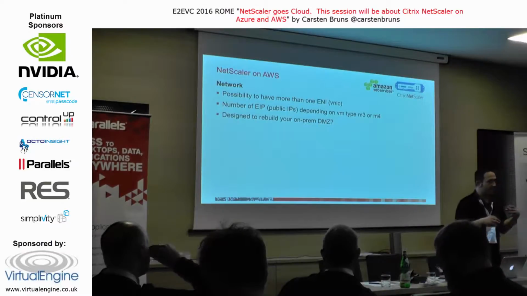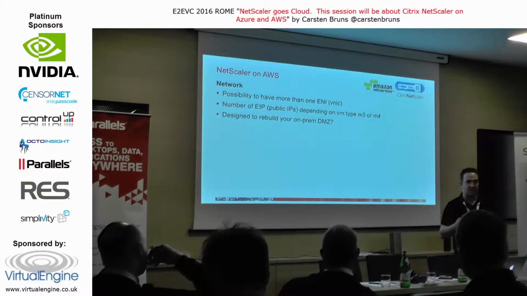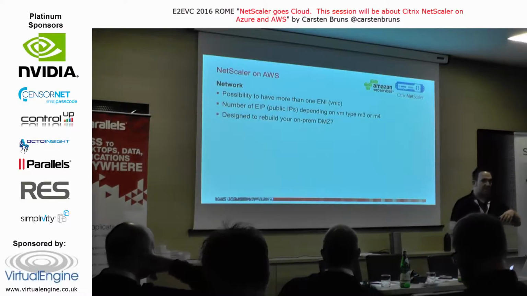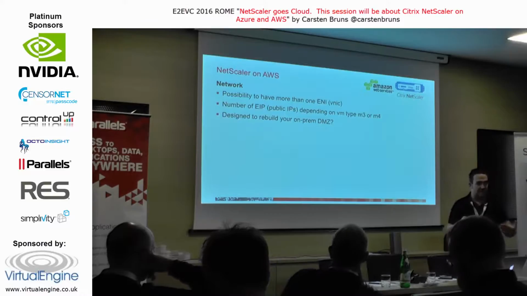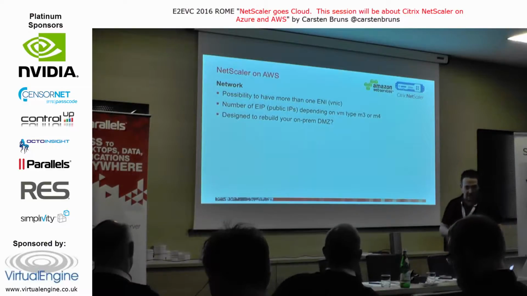Azure is really simple to deploy NetScaler. In AWS, it's much more complicated because you can have multiple network interfaces connected to your NetScaler, so you can do it like in your own data center.